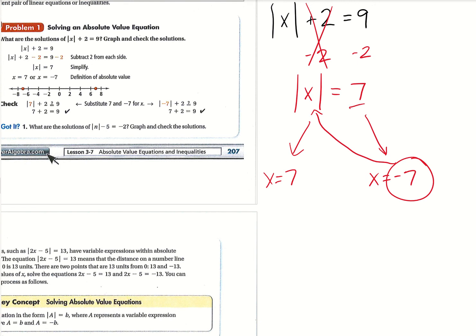So with absolute values, you're going to have two possible solutions, and for this one, that is 7 and negative 7. Go ahead and try out got it problem 1 right here, and then we will resume the video.